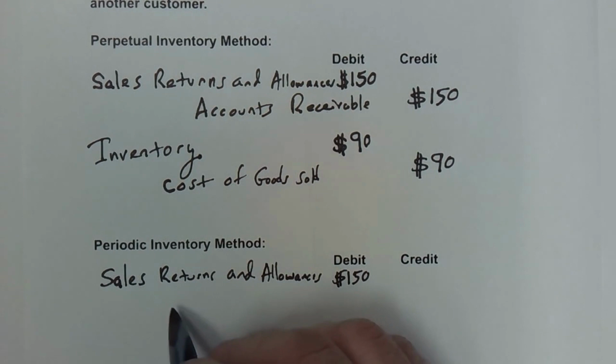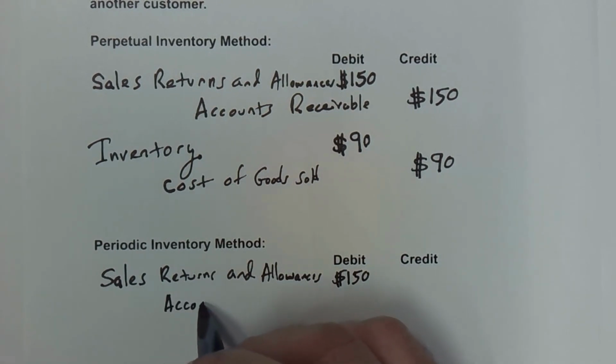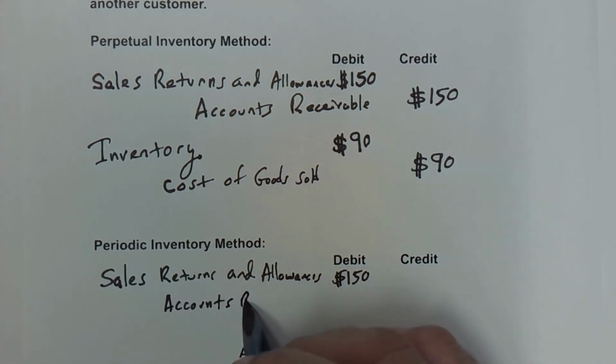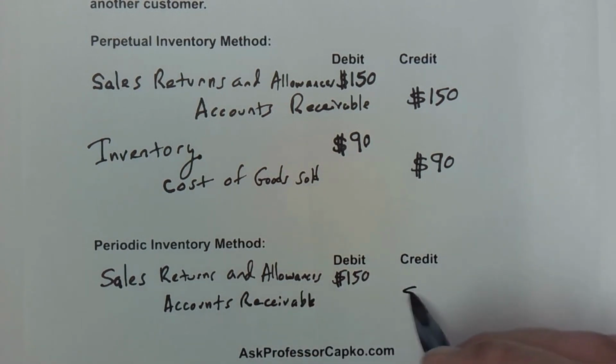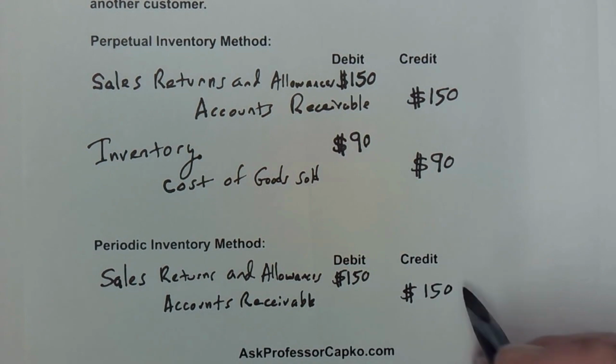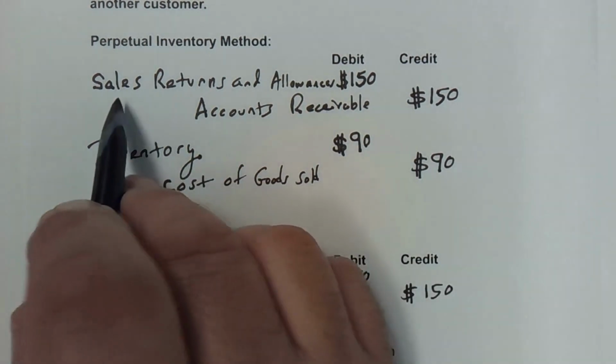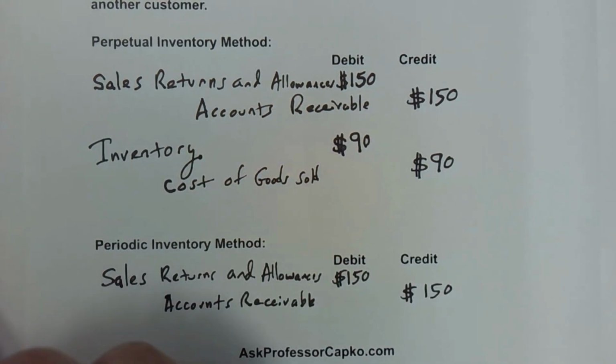And we're going to credit accounts receivable for that same $150. This part of the transaction is exactly the same as under the perpetual inventory method.